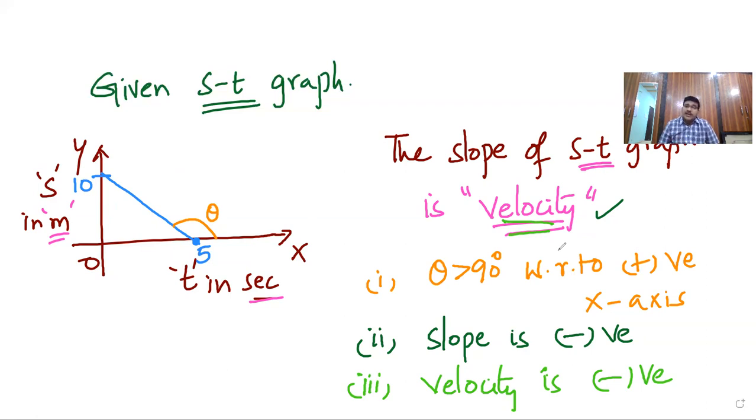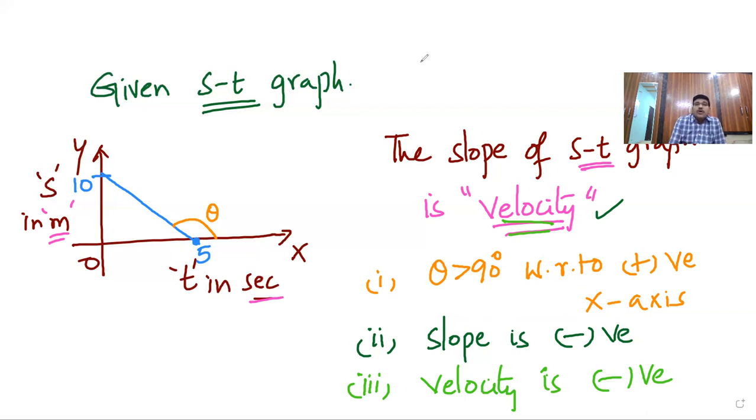When theta is more than 90, slope is tan theta, which is always negative. For a falling line, slope is always negative. When slope is negative, the slope of that graph, which is velocity, is negative. These are the three conclusions.